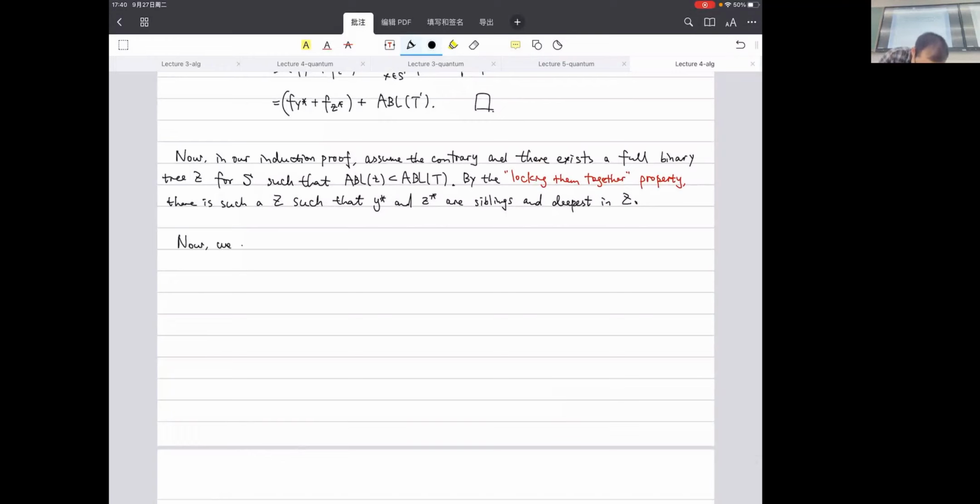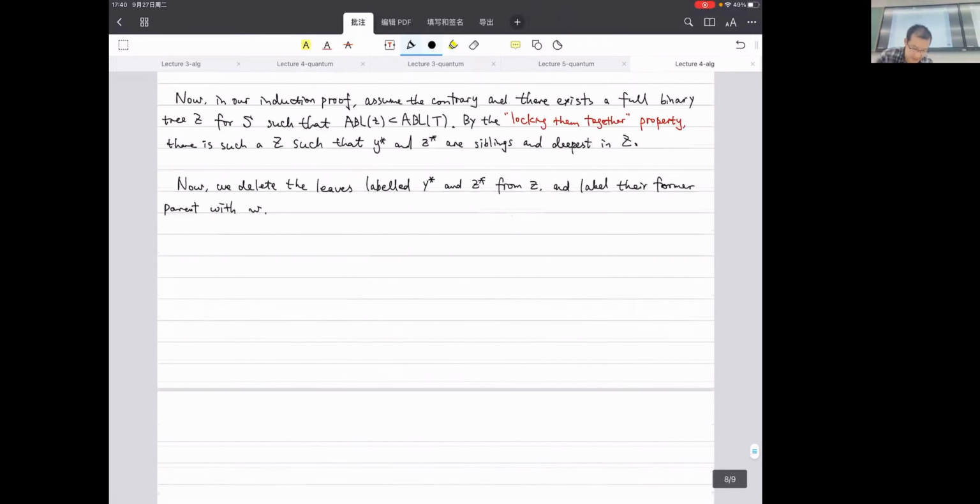By just following Huffman's algorithm, we delete the leaves labeled y star and z star from Z, and label their former parent with this w that we have been using throughout. I guess this is a very natural strategy that we want to consider.